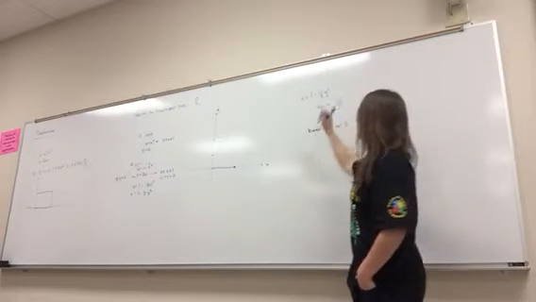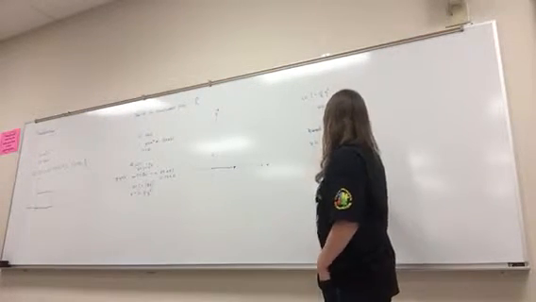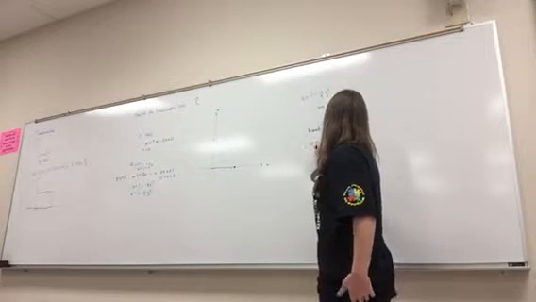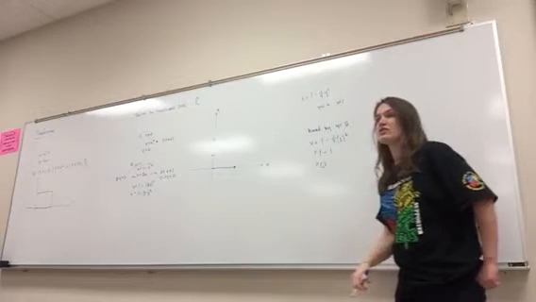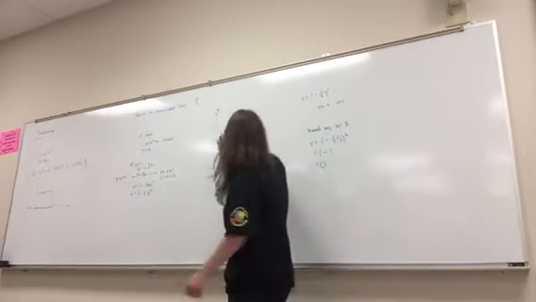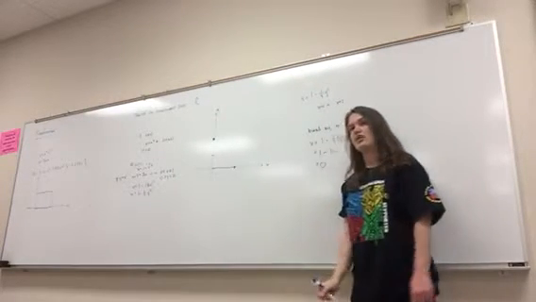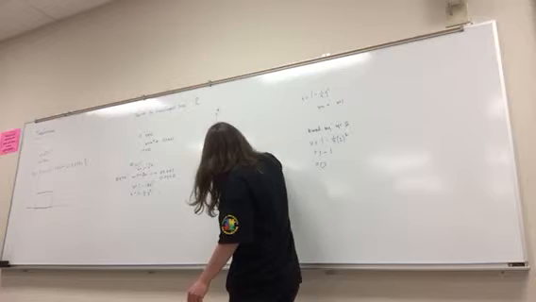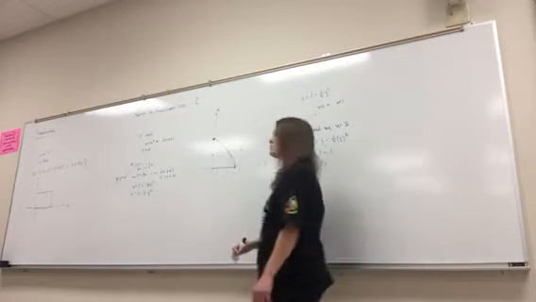I can plug in 2 for y up here, right? x equals 1 minus 1/4, 2 squared. 1 minus 1, or 0. What this means is my parabola stops where y is 2 and x is 0. So all I have to do now is go ahead and sketch it out.